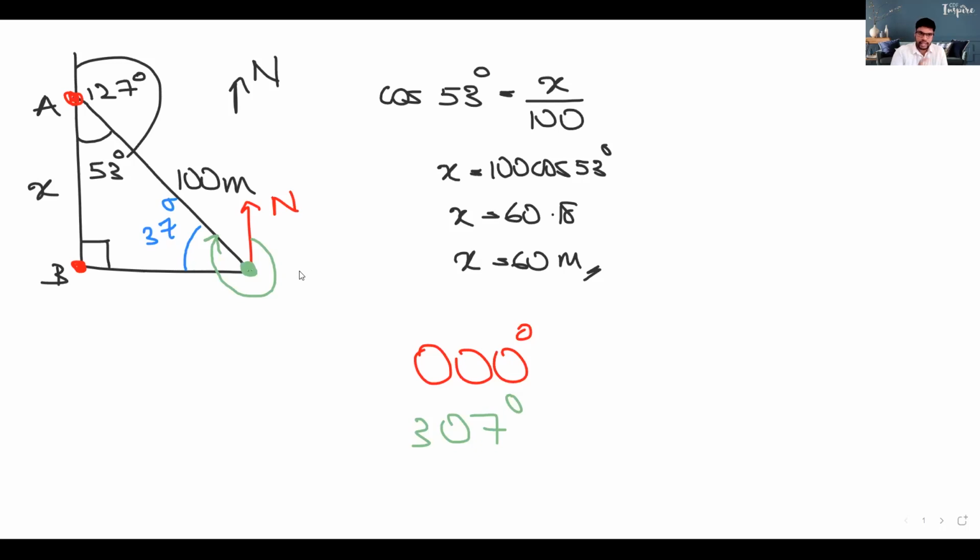Also, if you extend this line south, this angle is going to be 180, a straight angle. And also here you have a right angle, south to west. If you add 180 plus 90 plus 37, you will get 307 as your answer.